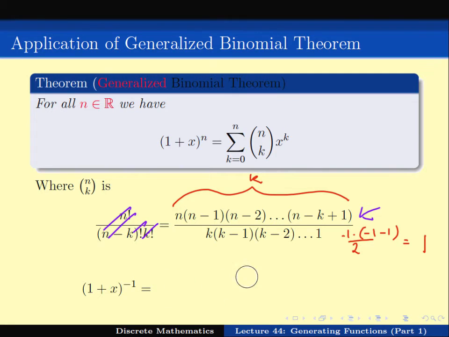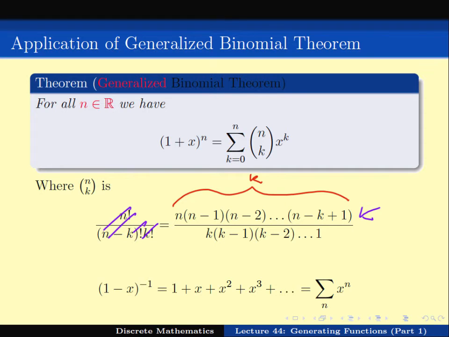And you can see that what you will get finally is that (1 plus x) power -1 is 1 minus x plus x square minus x cube, and so on, which is of course summation over n of (-1) power n x power n. Very similarly, if I replace x with minus x, I will get (1 minus x) power -1 as 1 plus x plus x square plus x cube, and so on, which is this.